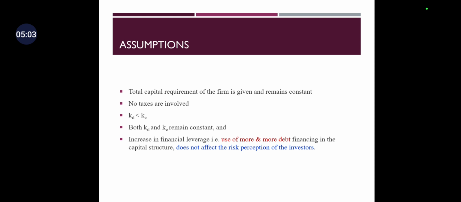There is no change in the risk perception of investors. Anyway, they're going to have a risk. We can't say that there is 0% risk. Of course, whenever you use debt content in your capital structure, there is a financial risk, because you need to pay interest. So the cost of debt and cost of equity remain constant.